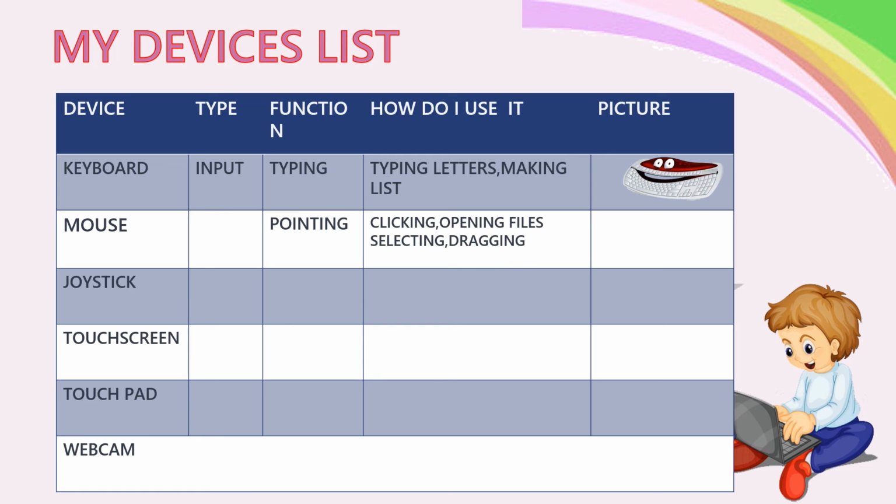Since today we have done only a few input devices, they all are input devices, what function they are used for: typing, pointing, playing, touching, whatever they are being used for, scanning images, recording images, and have you used them, and you will put a picture also of each of the devices in your table.